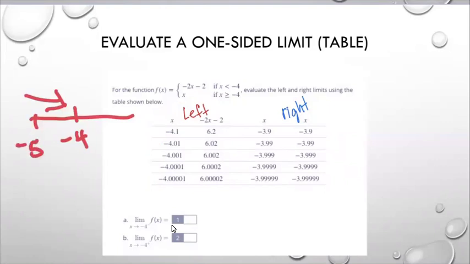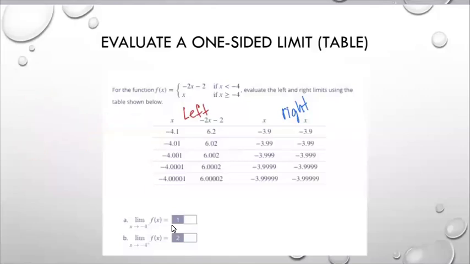This is -5. So you are using -4 point something to approach -4. That's why you see -4.1, and then you make your decimal smaller and smaller because we want to approach -4.